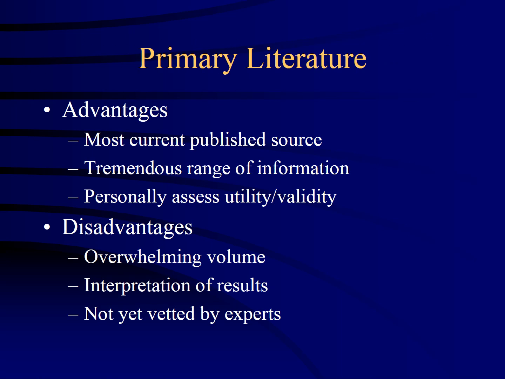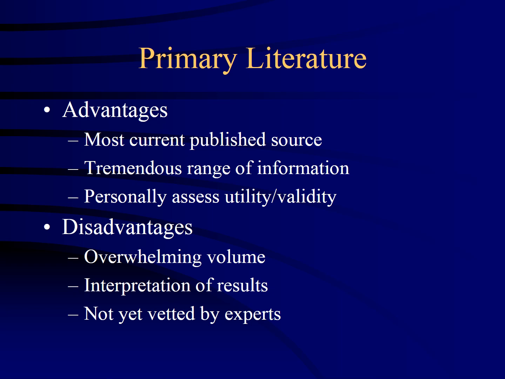The primary literature is the most current type of literature and is the foundation upon which other types of literature are based. There's a tremendous range of information in the primary literature, and it allows you to personally assess utility and validity.